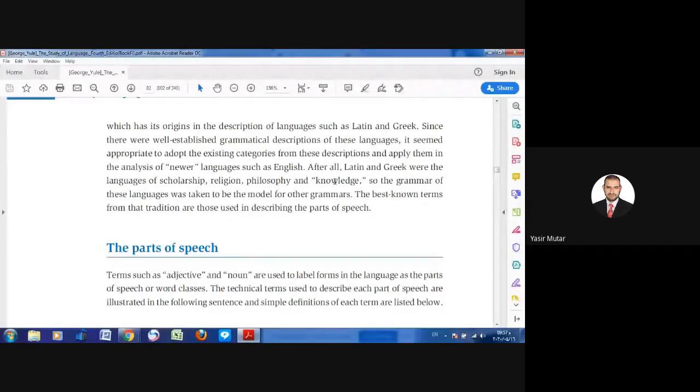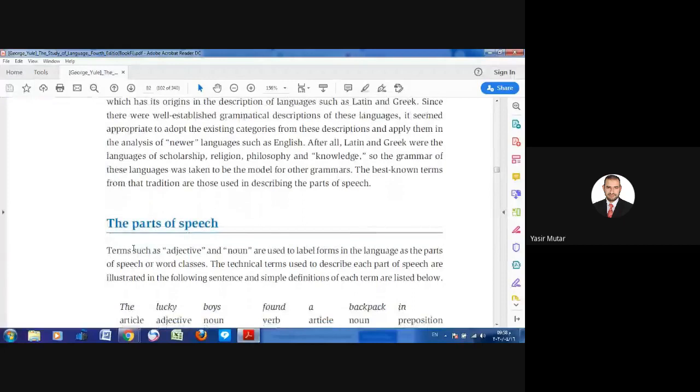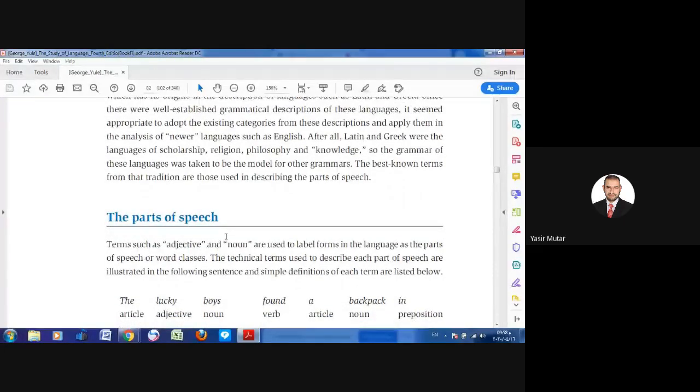So it's not astonishing that languages such as Latin and Greek affect other languages, including English. These descriptions, such as adjectives, nouns, verbs, prepositions, are all taken from Latin and Greek.